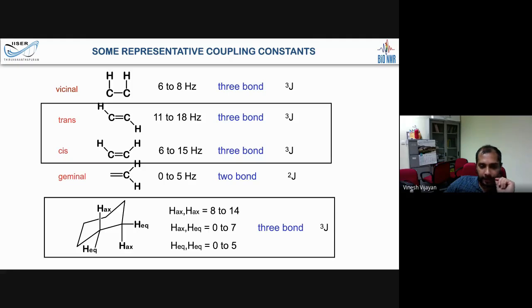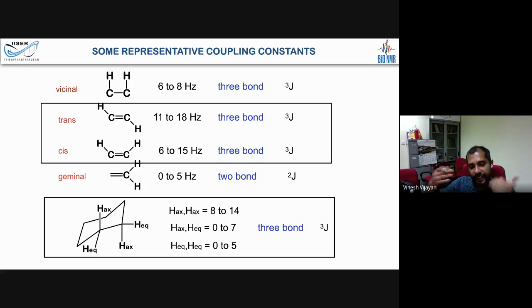That is quite important. Geminal coupling is 0 to 5 hertz, even less than the vicinal hydrogens. The main problem is they are also close in chemical shift. So trans coupling is higher compared to cis coupling, and axial coupling is higher compared to equatorial or axial-equatorial coupling.